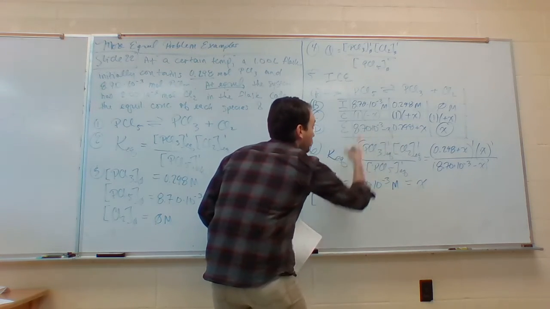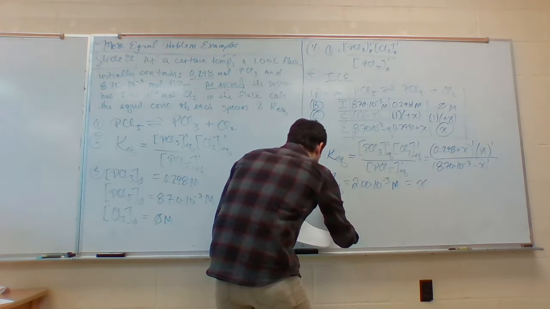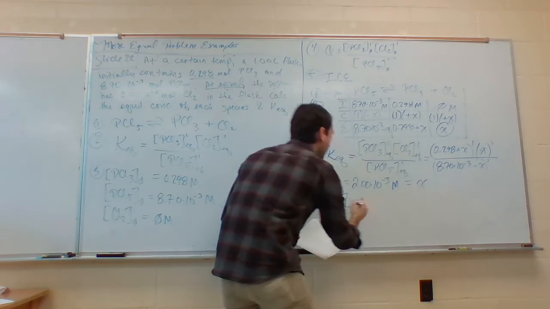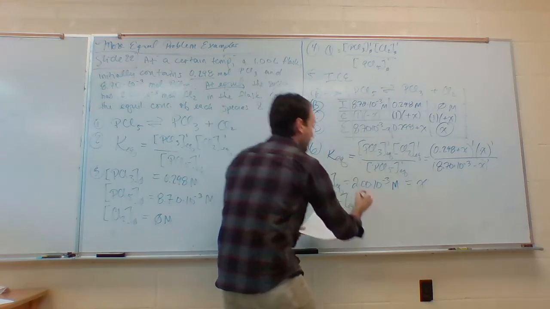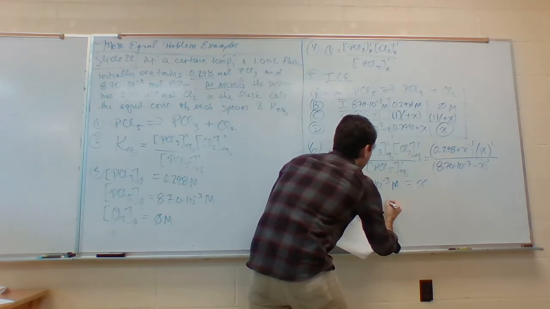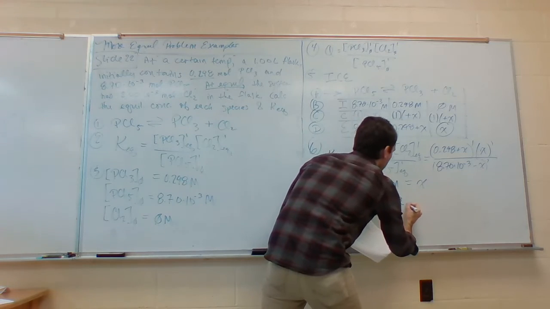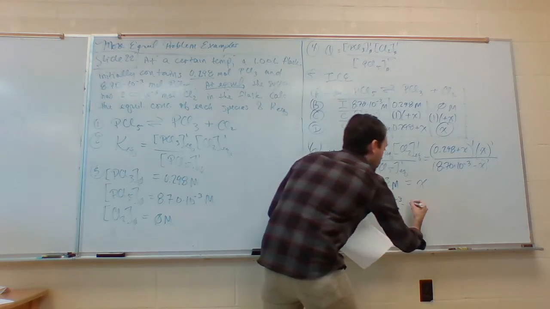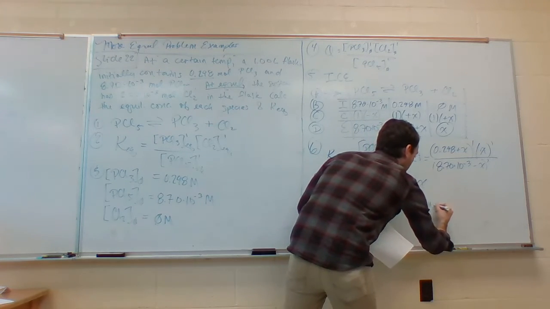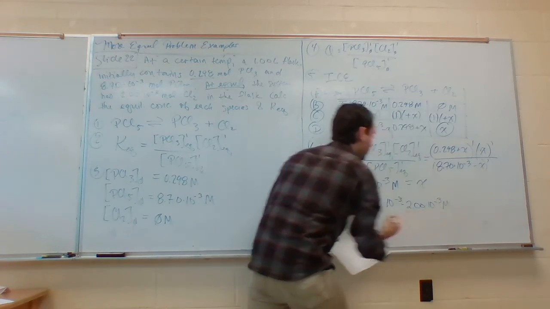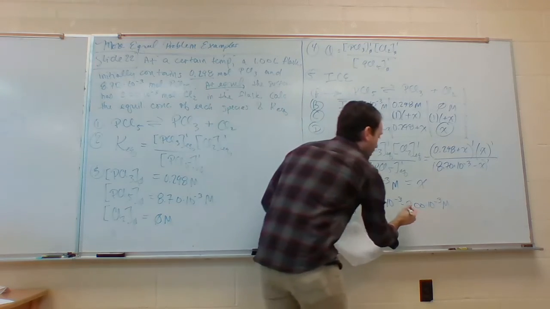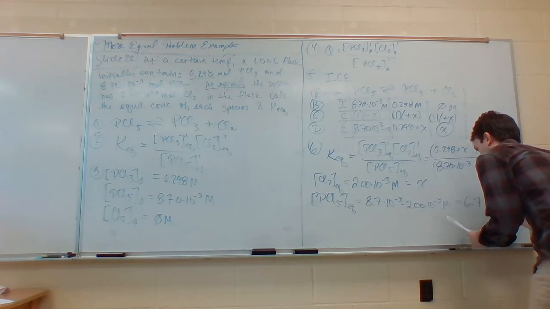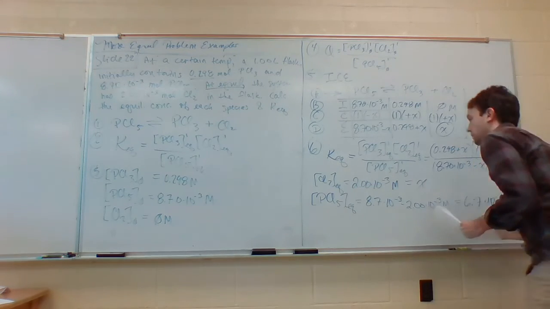My concentration of PCl5 at equilibrium is 8.7 times 10 to the negative third minus X. Well, X is 2.00 times 10 to the negative third molar, which is going to give me 6.7 times 10 to the negative third molar.